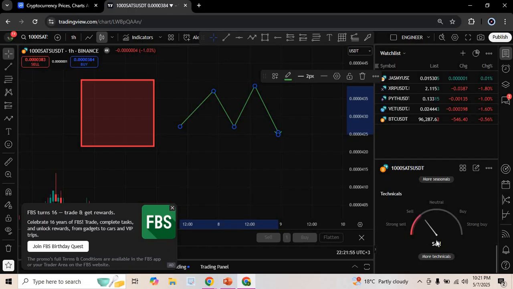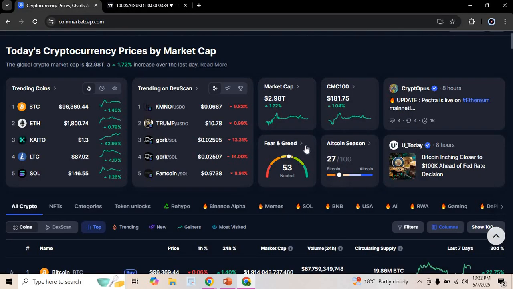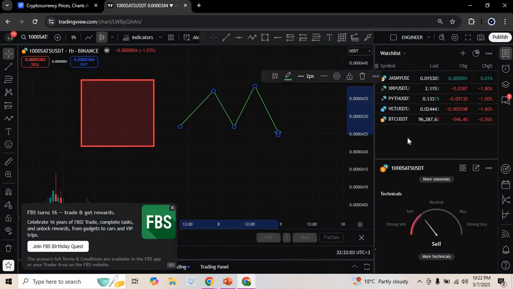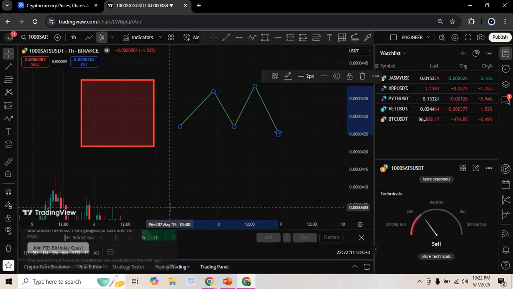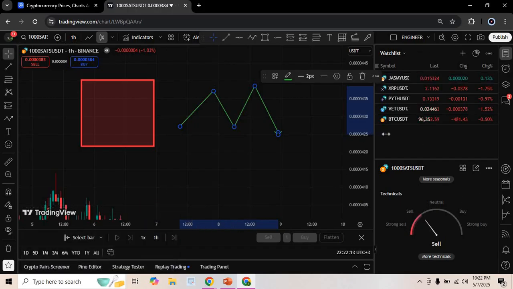Sell. It's not strong sell, but it's on the sell. So the difference is on CoinMarketCap, the entire market, but on TradingView, the specific coin or trading pair that you're trading at that particular juncture.